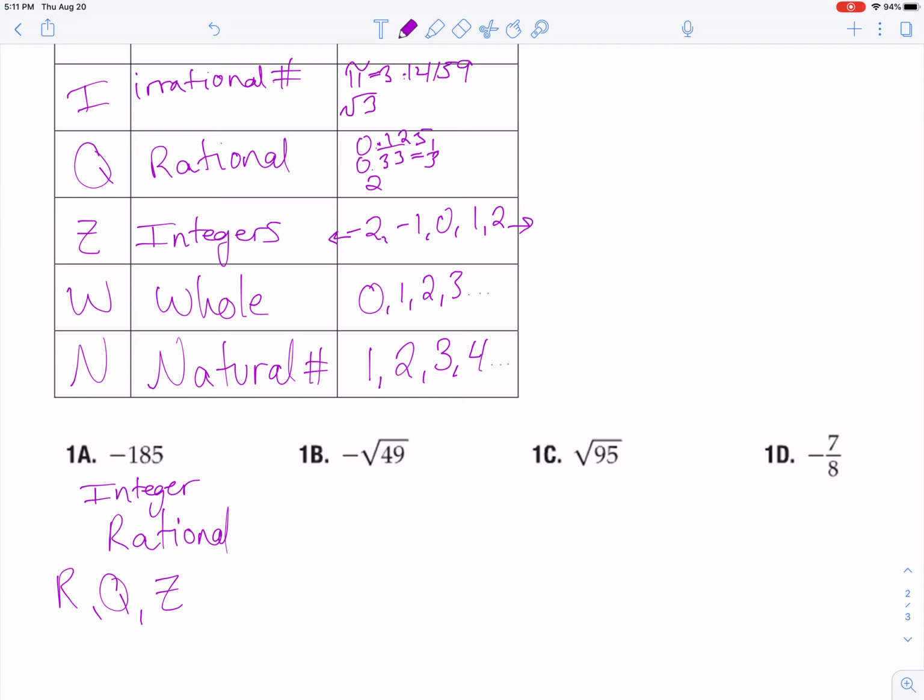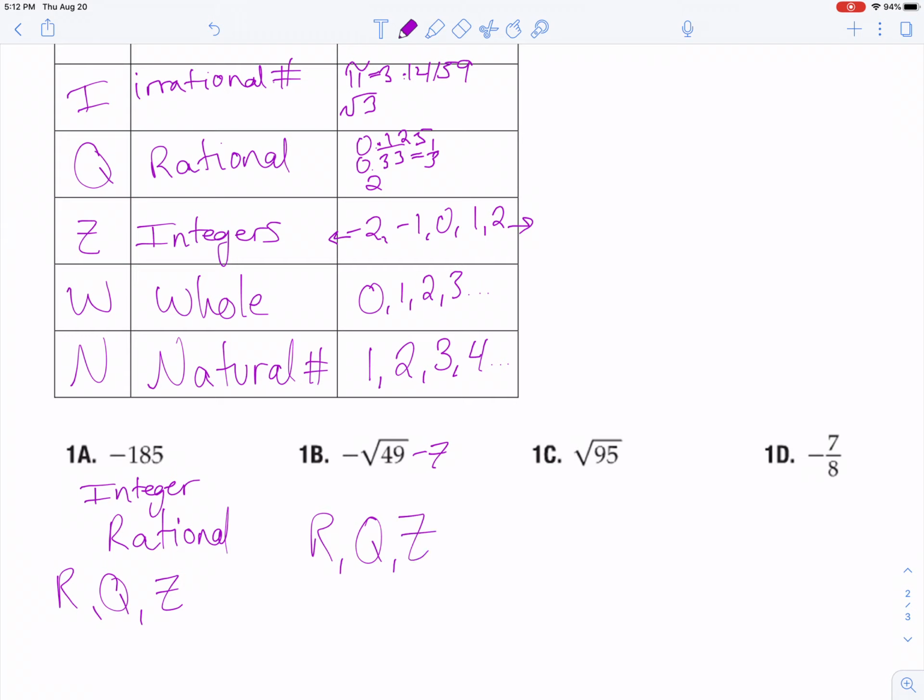Take negative square root of 49. The square root of 49 is actually just 7, and there's a negative on the outside, so it's negative 7. So it's a real number. All the numbers today are real. It's also a rational number, and it's also an integer, so I can put a Z down as well.